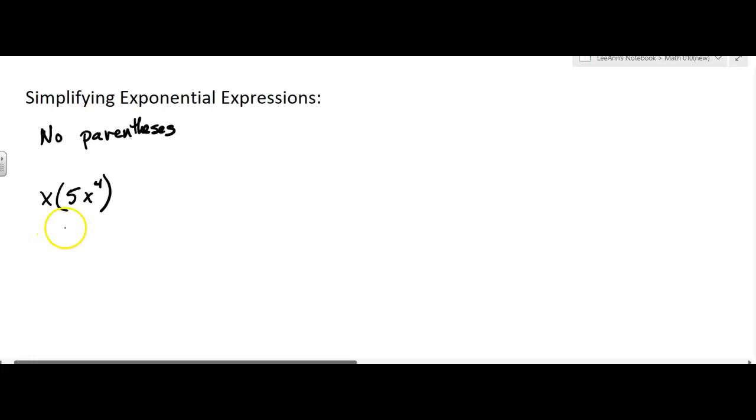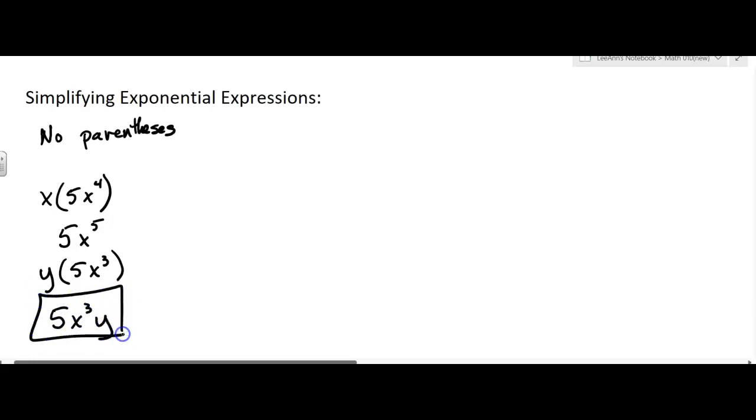It would be 5x to the 5th. But even if you had y times 5x cubed, you wouldn't write it as a final answer that way. You would write it as 5x cubed y. That's how you would write it. You'd put the letters in alphabetical order and the coefficient in front.